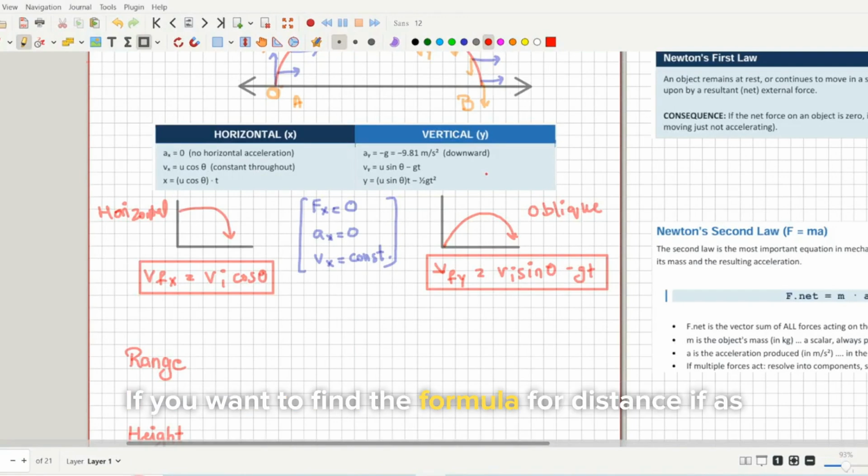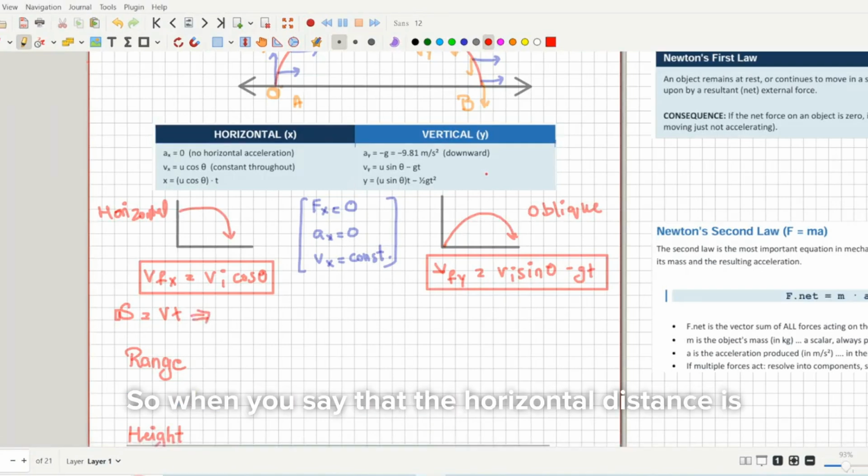If you want to find the formula for distance, what is the formula for distance? As you can see, s equals vt. This formula came from velocity equals distance over time, and I write it down as distance equals speed multiplied by time.